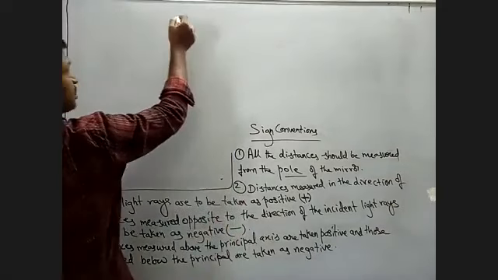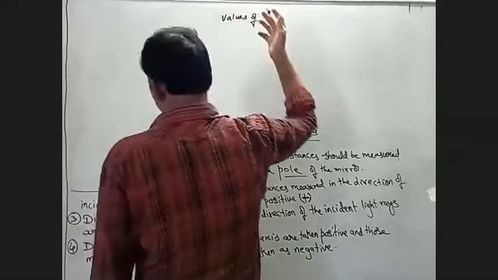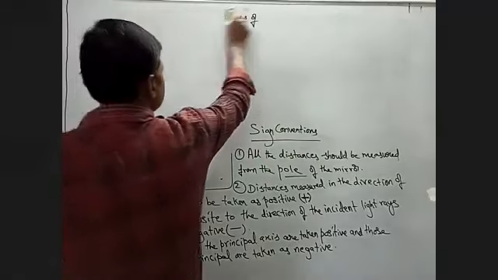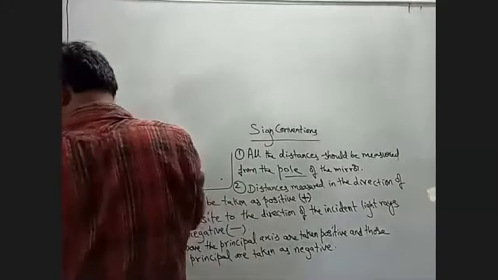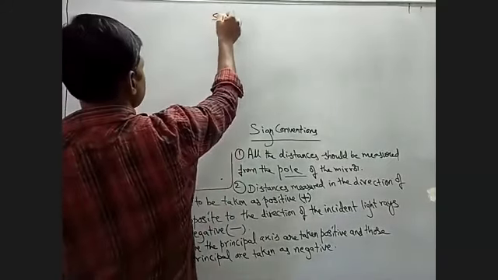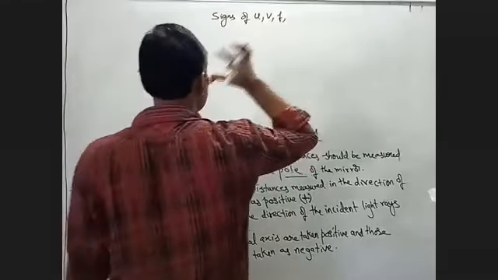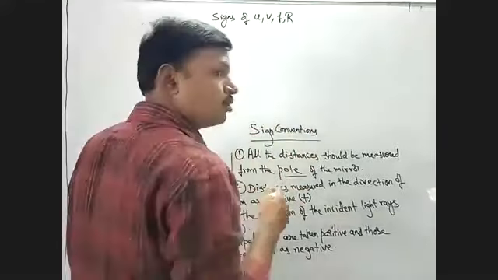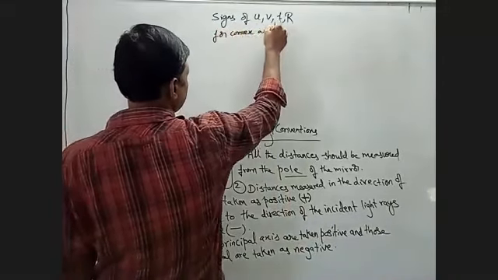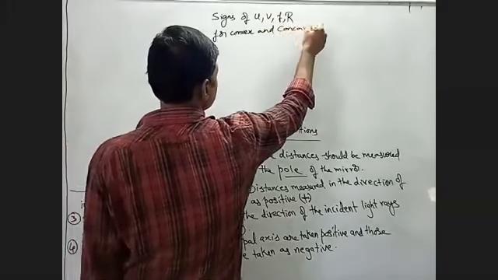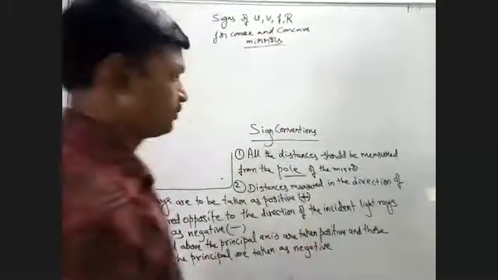So we will have these as the values: the signs of U, V, F are for convex and concave mirrors. Okay, let us see with the help of diagrams.